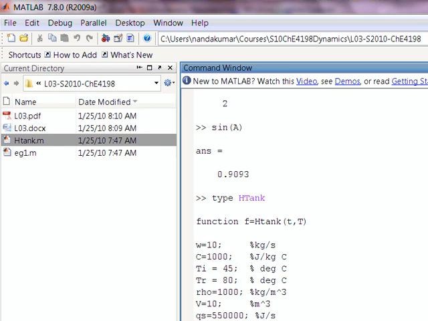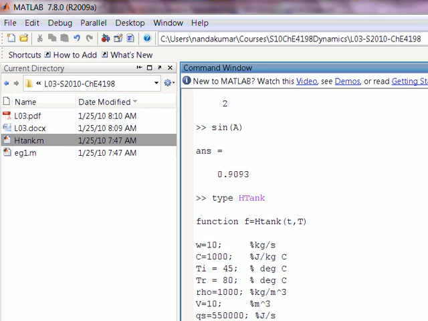So the structure of a function is going to be like this. The first statement of the function should always be a keyword called function, space, and then all the outputs that you want from that function to be returned to whatever program calls it. And then equal to some name of the function, you can call it anything you want, and then the input arguments. So these are called the input arguments, this is called the output arguments. For example, to execute that function, all I need to do is type the name of the function, htank 0, 45.